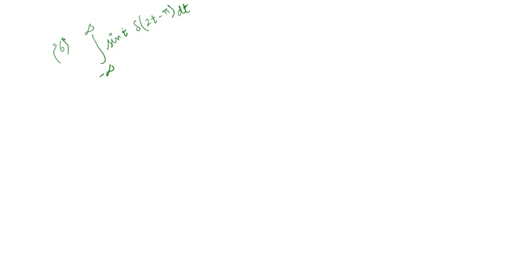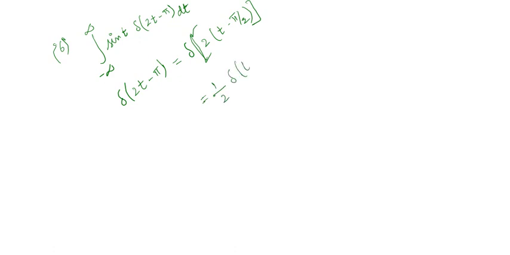Delta of 2t minus pi, I can take 2 commonly outside, so it becomes delta of 2 into t minus pi by 2. Now delta of at format, so I can write this as 1 by 2 delta of t minus pi by 2.